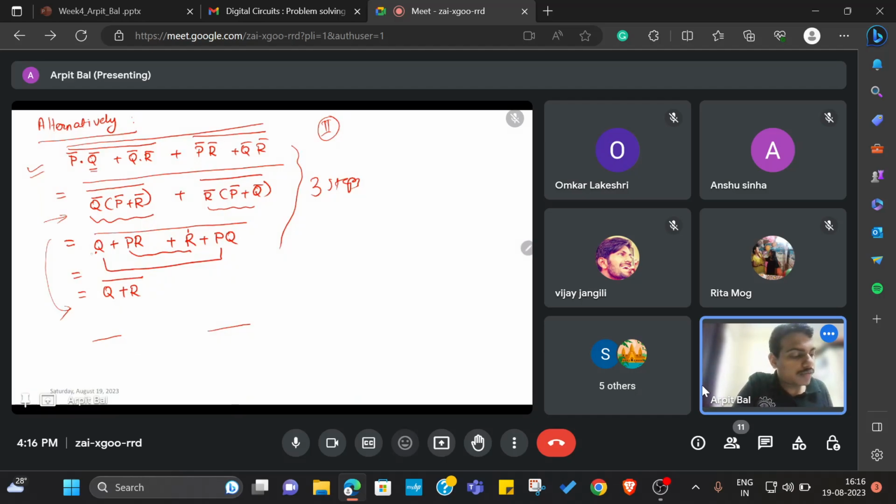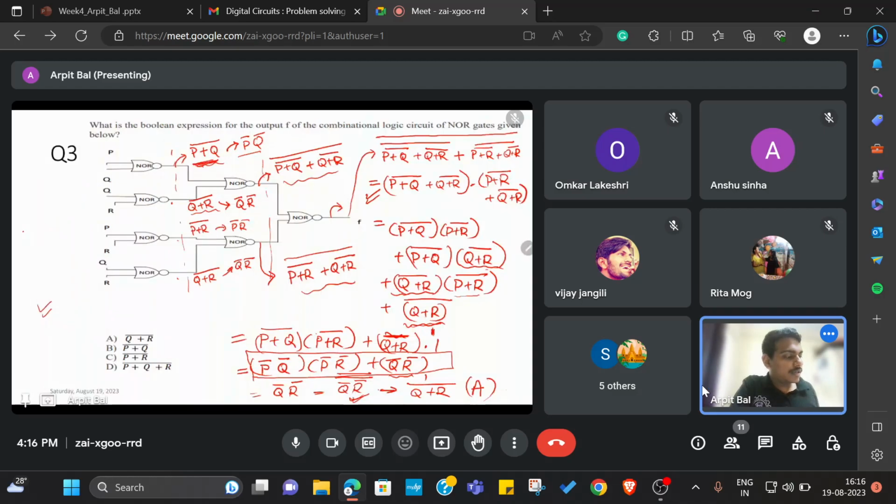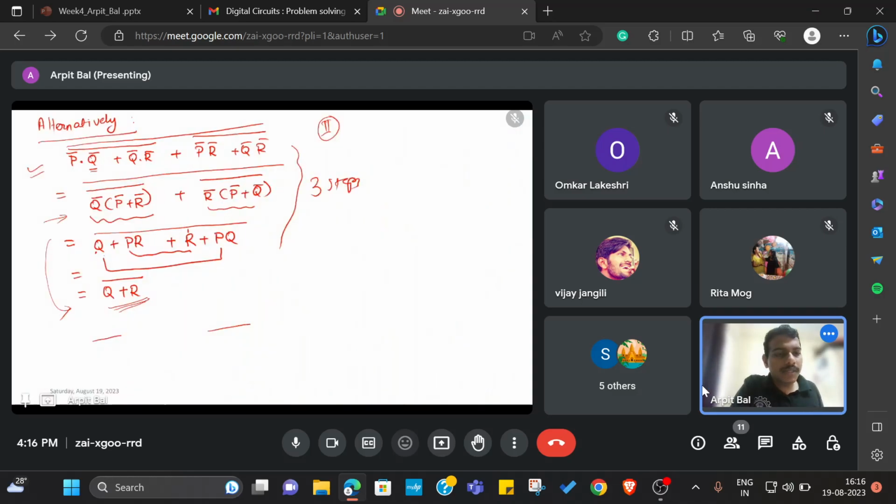After that, we took Q common from the terms containing Q and R common from the terms containing R, and we arrive at this equation in at most 3 steps, and it's relatively simpler and easier in comparison to the previous method that we used.